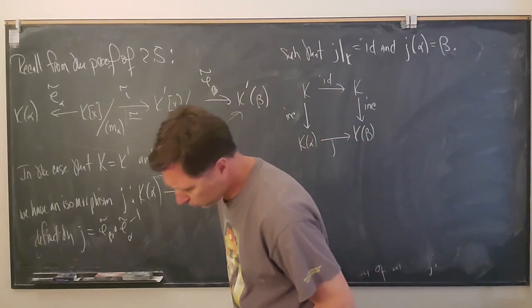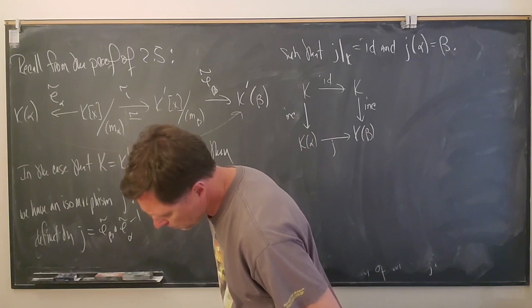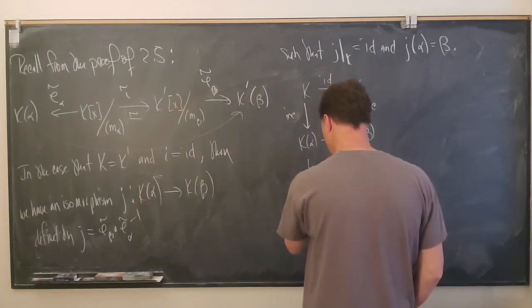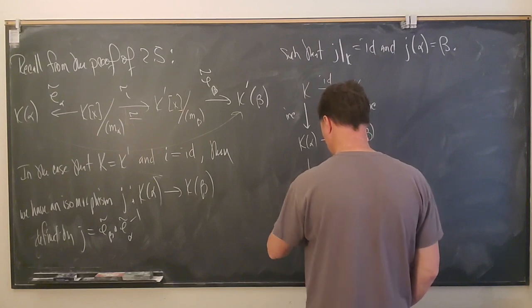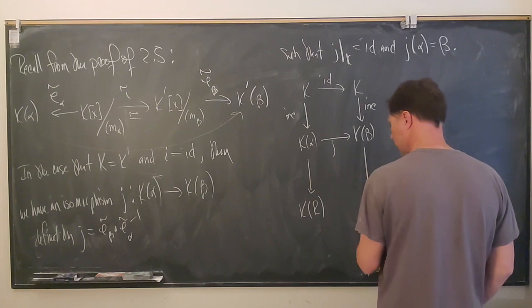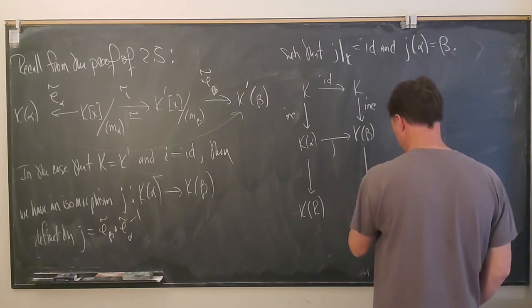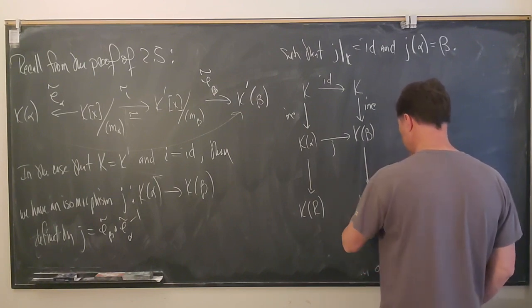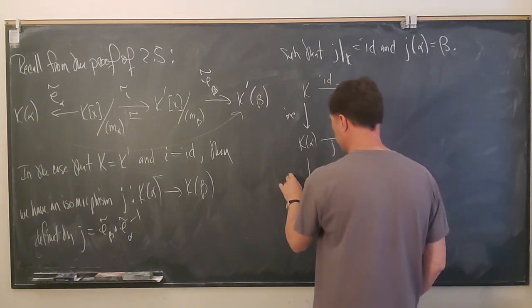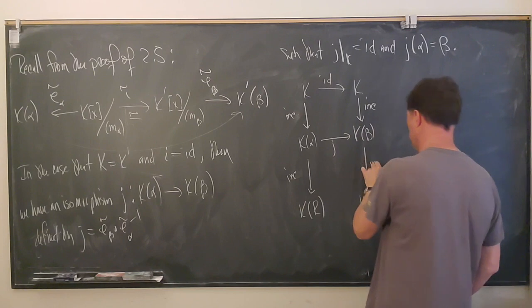Now I want to consider, we're going to add another rung to this ladder, so K adjoin R, K adjoin R beta. These are inclusions once again.